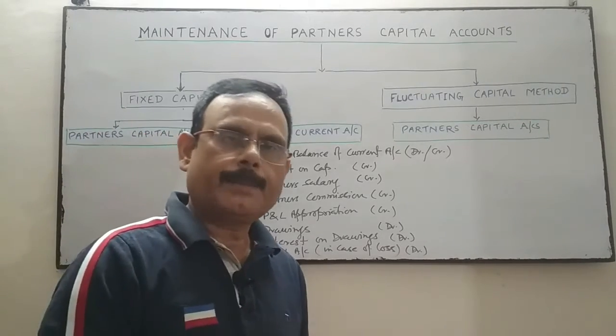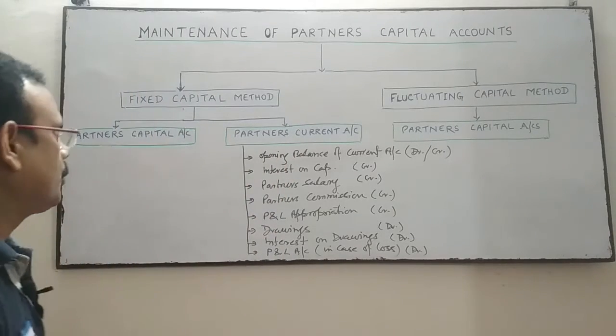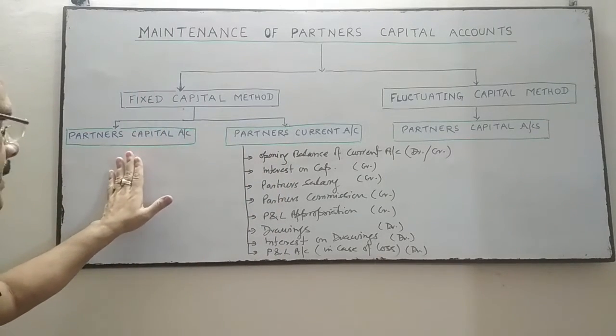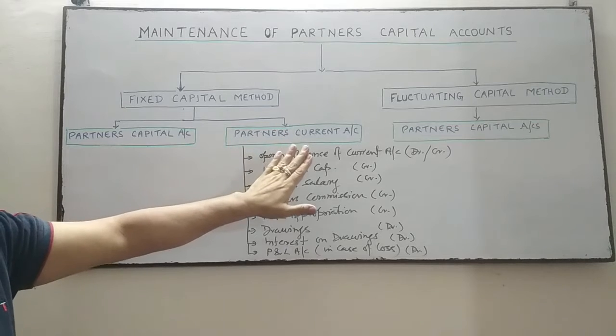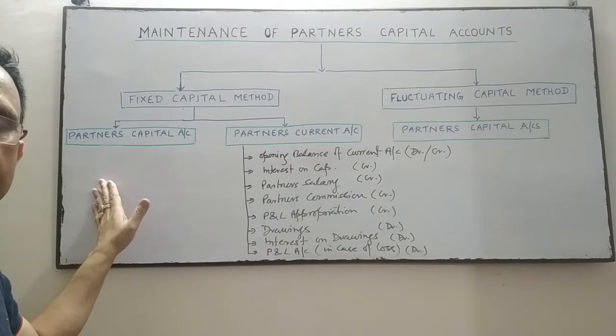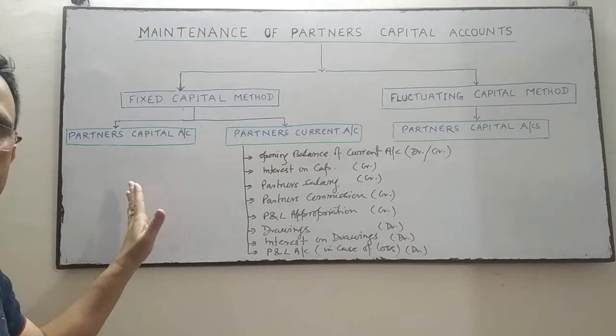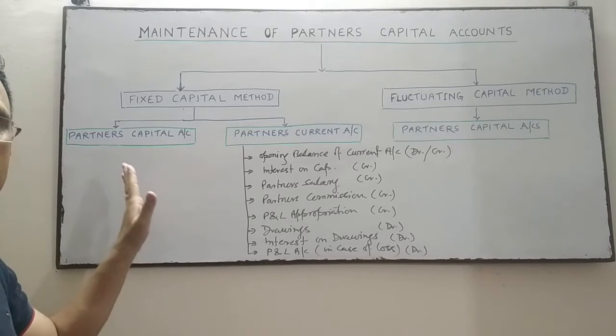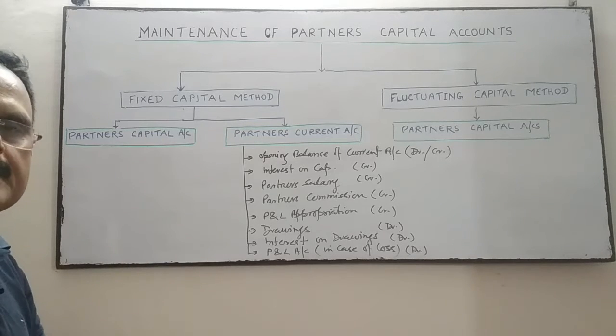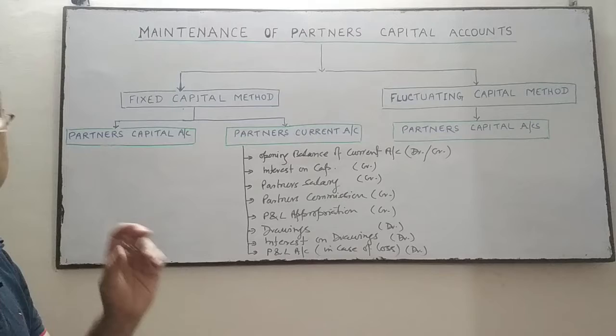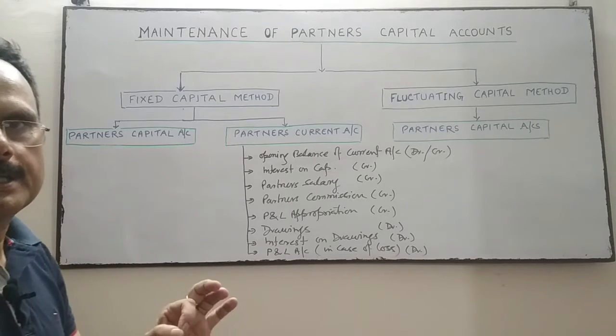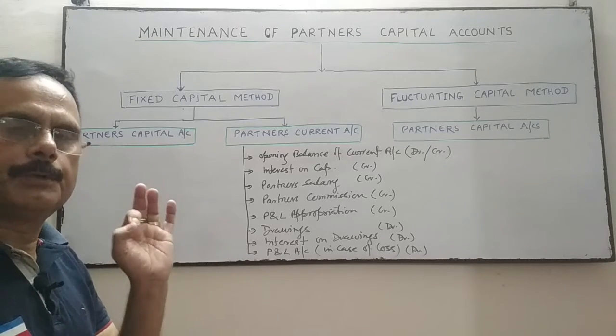So when the capital account is fixed, we will operate two accounts, capital account and partner's current account. As I said, in the capital account, opening balance of capital, and if the business is started this year, then whatever the amount given by the partner to start the business, that we will write.